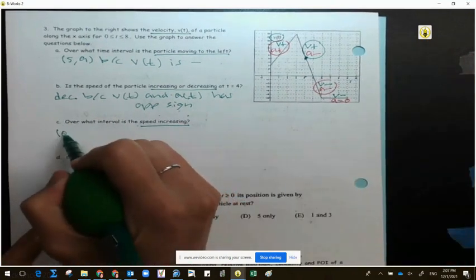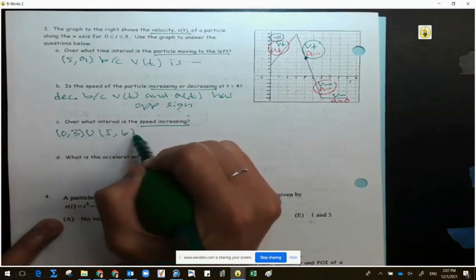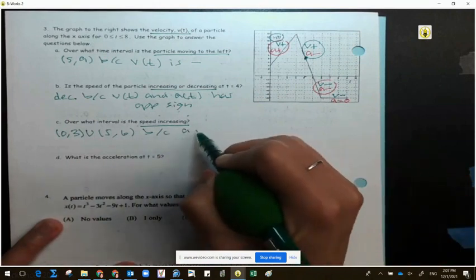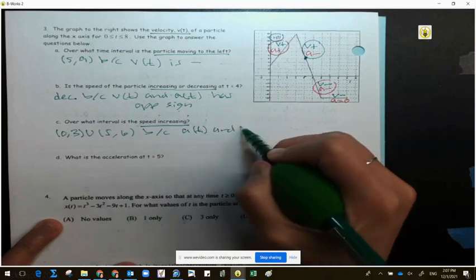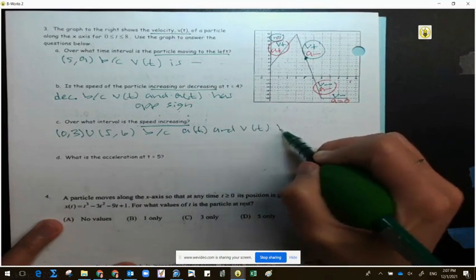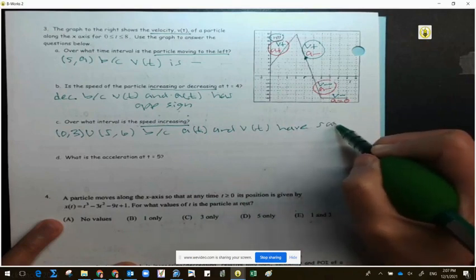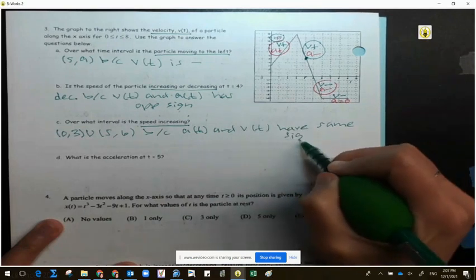So let's write out 0 to 3, union 5 to 6. And that is because what's happening to the signs? So V of t and A of t, they have the same sign.